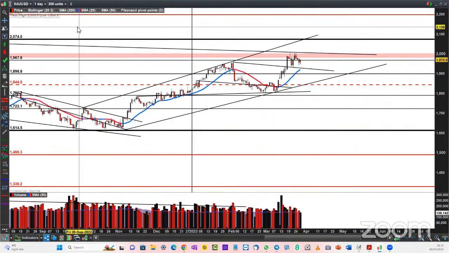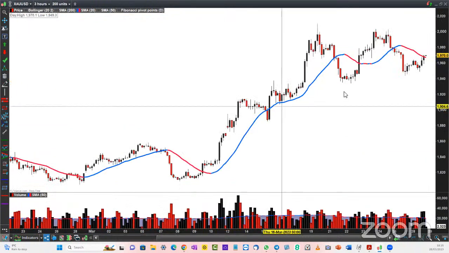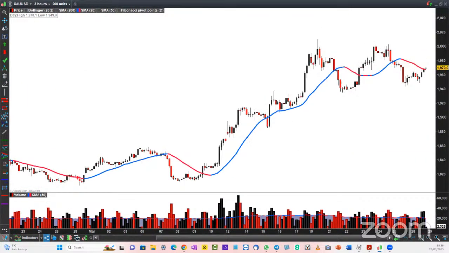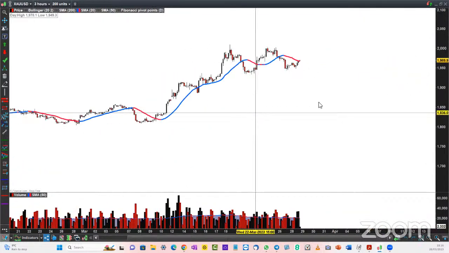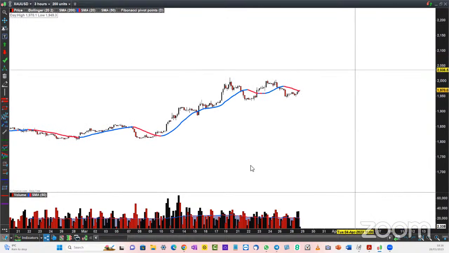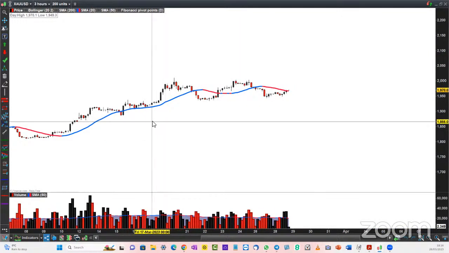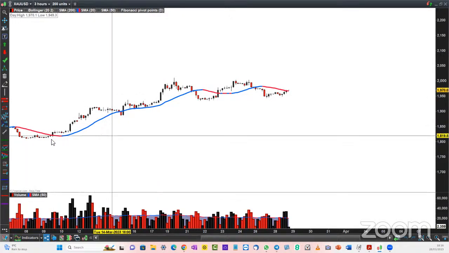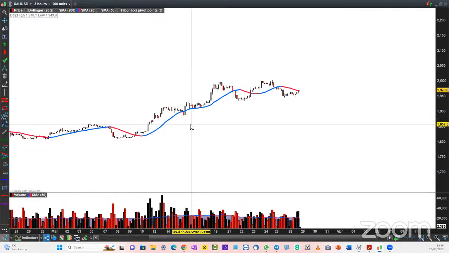All right, so from this, let's just speed this up a bit. So here's a 3-hour chart. It doesn't really matter what time frame you use. I do like the 1-hour chart, but I've got it set up in my system, and I'm not going to reveal that system in this situation. Okay, so you can see from this 3-hour chart, these dips are getting bought.